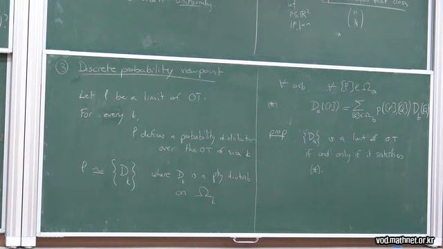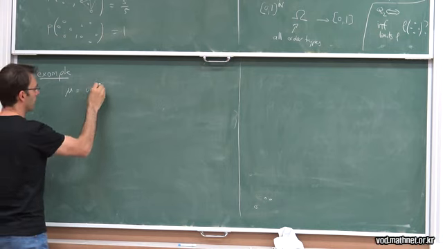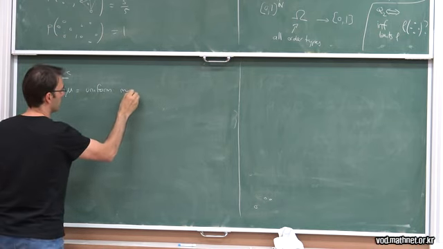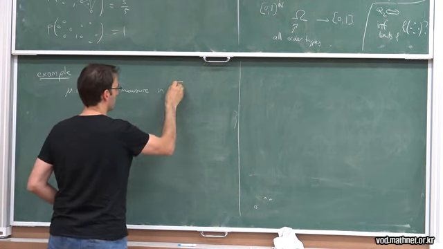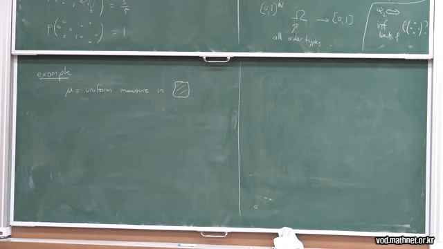It also gives me access to a very furnished family of examples, because now I can take any probability measure in the plane, say uniform in a square. I just want the probability measure to have the property that if I take 3 points at random, they are, with probability 1, not aligned. So, example: let mu be the uniform measure in the square, or if you prefer the disk or whatever shape, any probability measure in the plane.